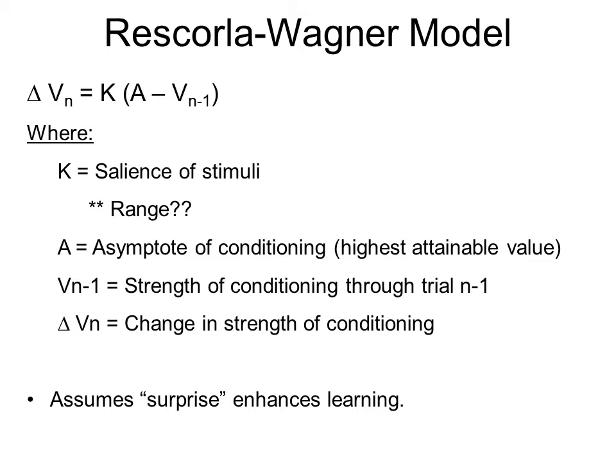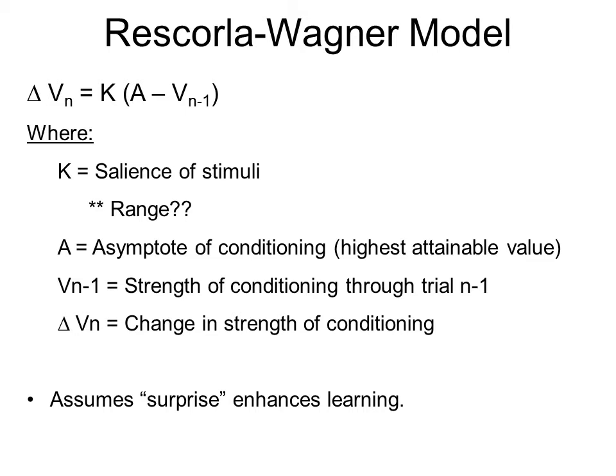Vn minus 1 reflects the cumulative strength of conditioning up through the previous trial. With conditioning, it occurs trial after trial after trial, and with each trial, a little more associative strength is developed. And so therefore, in the model, Vn minus 1 reflects the cumulative strength of conditioning up through the previous trial.